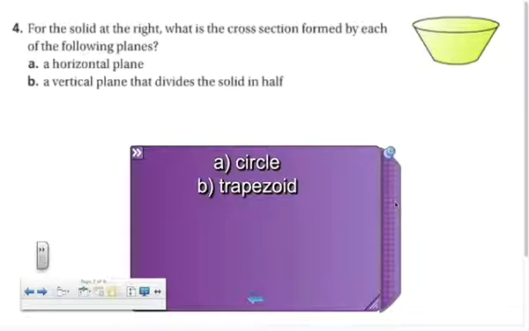One of the things that the book says, gentlemen, is if you're having difficulty identifying the cross section, then you're dividing it with a vertical plane. The way that the book describes how to mentally picture that is to visualize that figure with the plane going through it, and sometimes you need to mentally turn the figure so that the plane of intersection is parallel to your face, right?